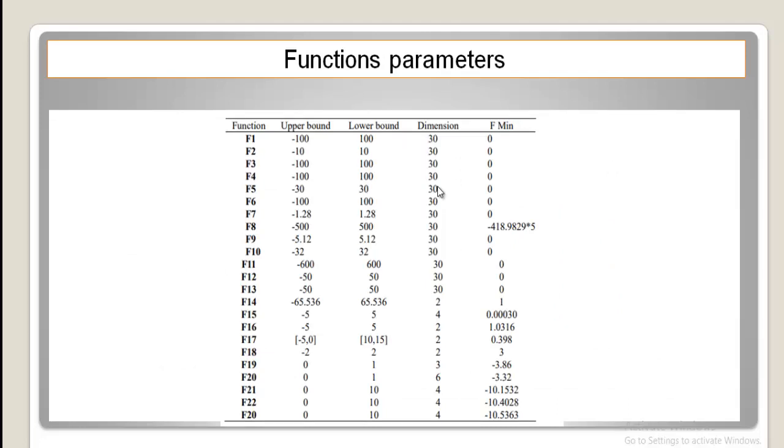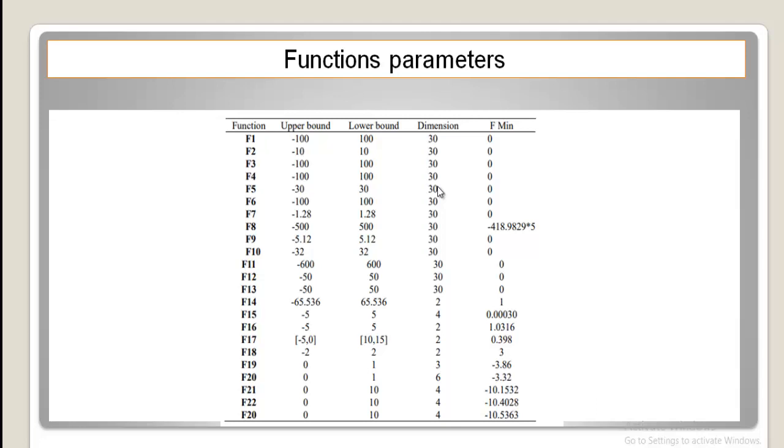Similarly, for function f7, the search space is between -1.28 and 1.28 with a minimal value of 0.